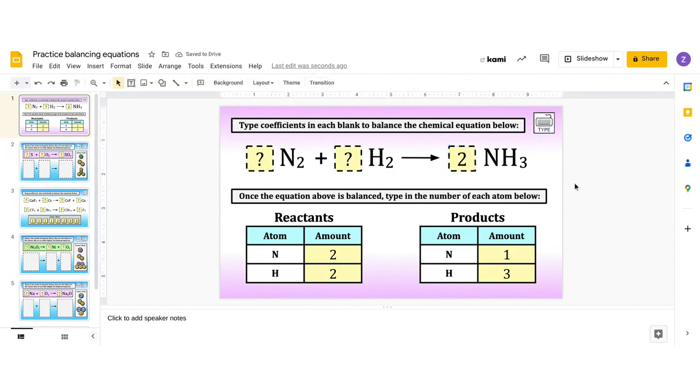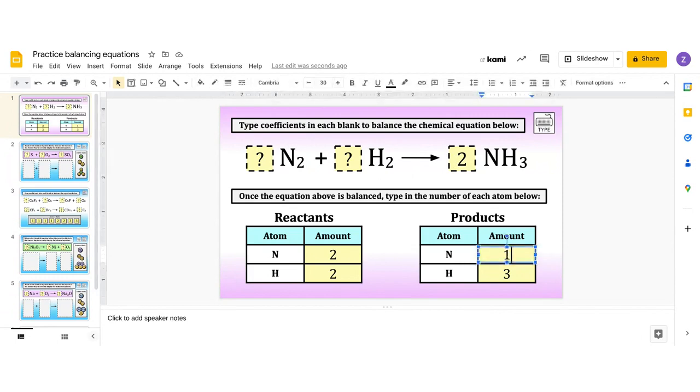Now let's go back down to the nitrogen. Instead of 1 there, we're going to put 2 instead of the 1, down below where it says product N. Yep, just erase the 1 and put a 2.